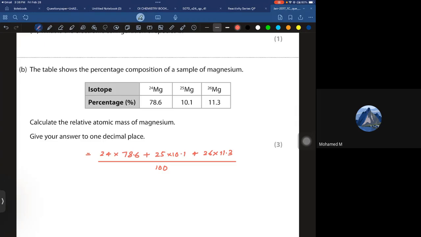And after that, add the next number, 11.3 times 26. All that number divided by 100. It is 24.3.